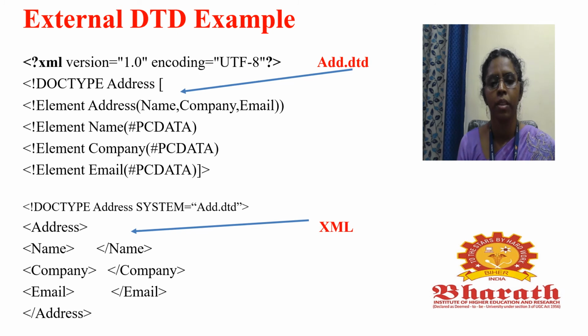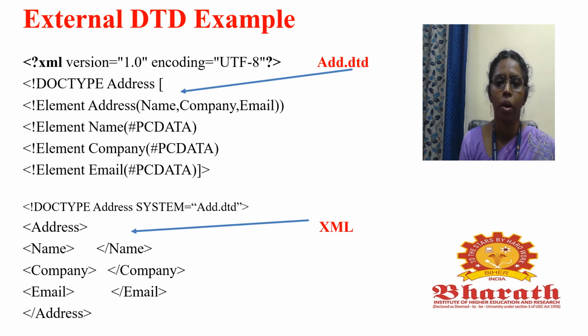And here we are writing an XML program. Within that XML program, we are having the address tag, which is the root element. Within that we are having the name tag, company tag, then the email tag. All the data in these tags are validated against the add.dtd.